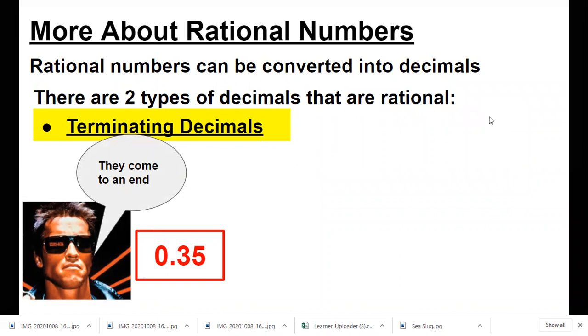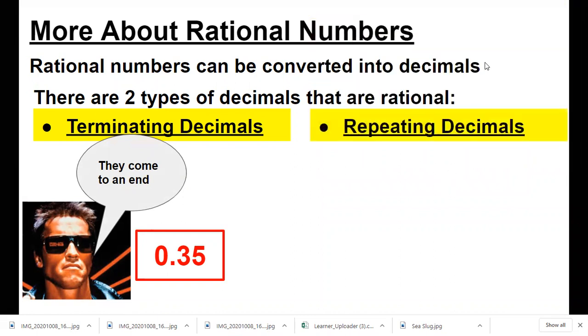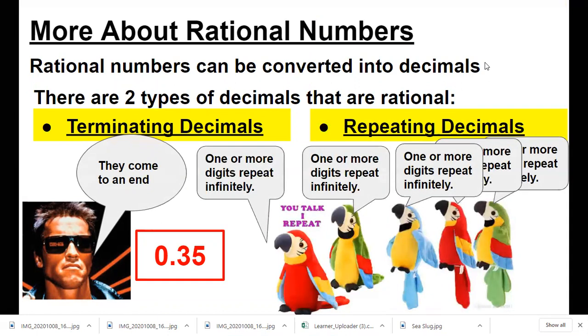It terminates. Then you have repeating decimals. So here's a parrot. One or more digits repeat infinitely. Goes on forever and ever, like a parrot repeating itself over and over again. So here's an example on the right there. 2.4 with a bar over the 4. Why is there a bar over the 4?